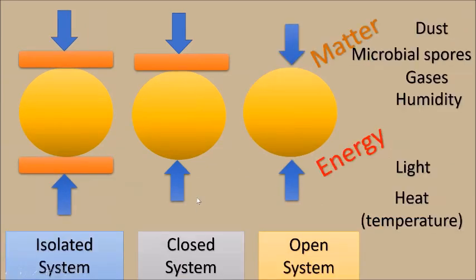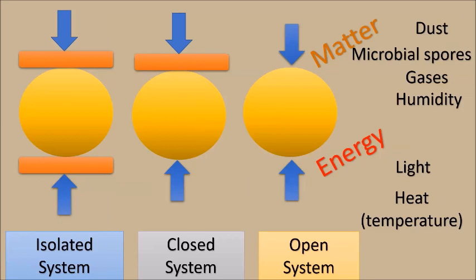And now, if we talk about this more in relevance with what we are studying, the museums or the paper conservation or the display cases or the cabinets, then the matter that we are more interested in, that is being exchanged between that system and the surroundings, is dust, microorganisms, the microbial spores, gases, and humidity.